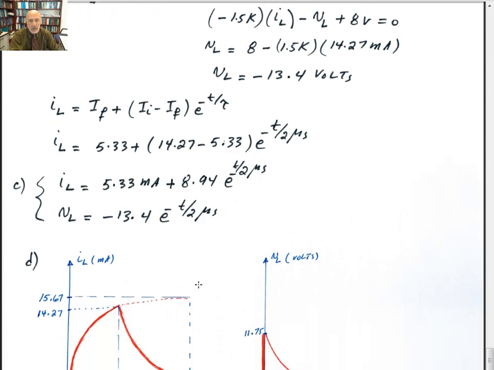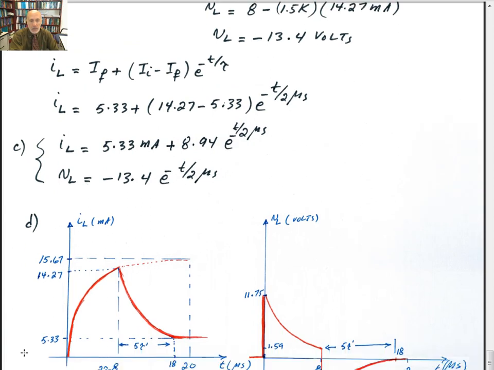Part D of the problem, I ask you to plot the response for parts A and C. So here initially the current I of L starts out at 0, will go up to 15.67. That's the steady state, but after 2 time constants, 8 microseconds, the switch is open, so it's already reached 14.27, and it's going to go down after 5 time constants.